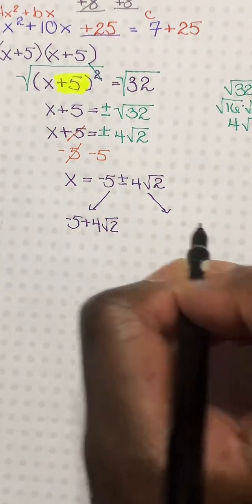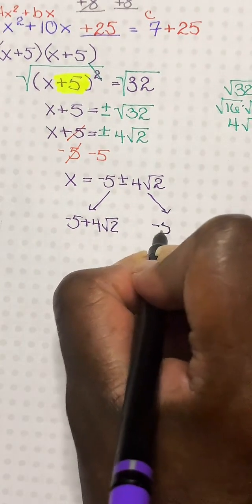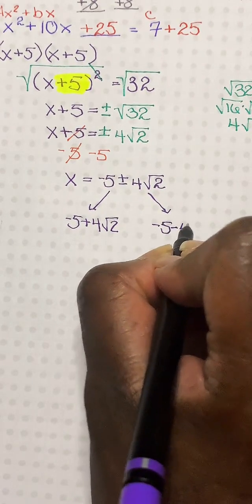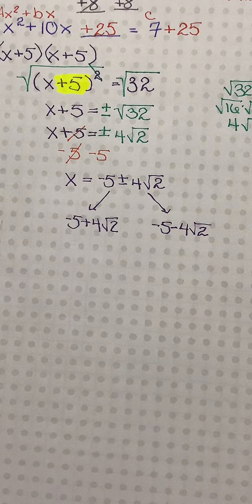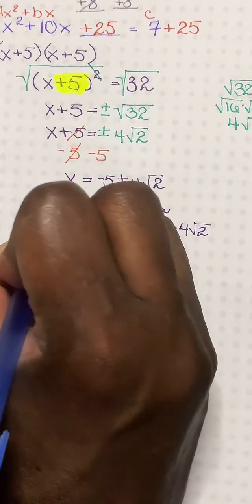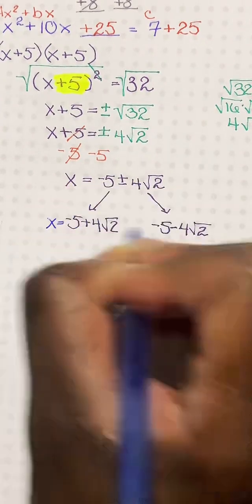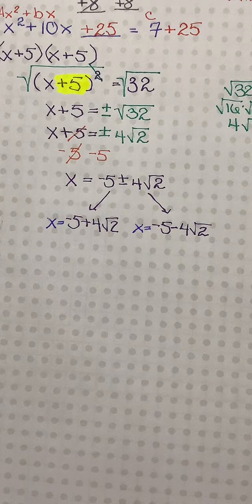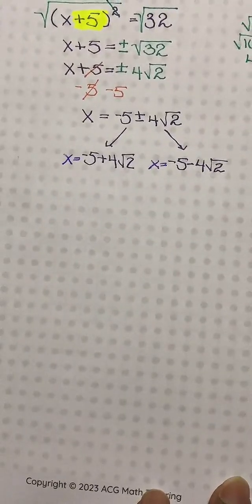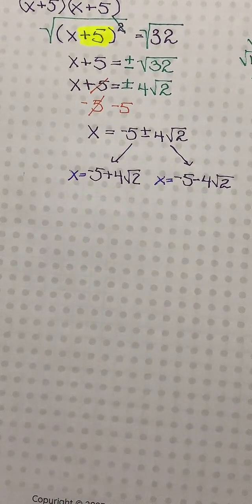And the other answer is going to be -5 minus 4 the square root of 2. Those are your two solutions. So they're telling me that these two are not crossing the x-axis. It's going to be dangled above.